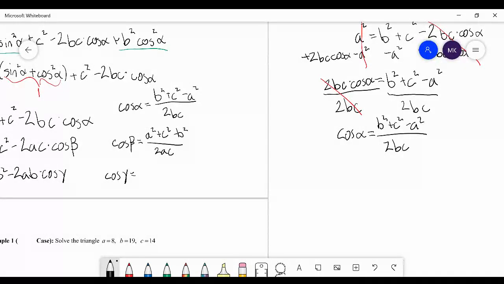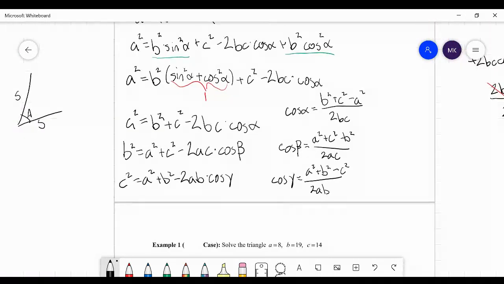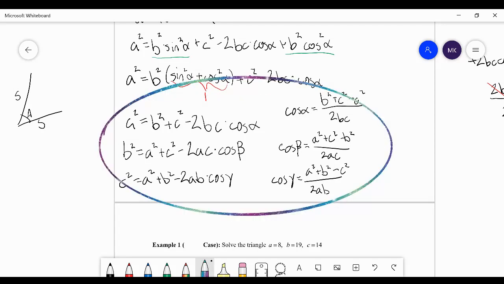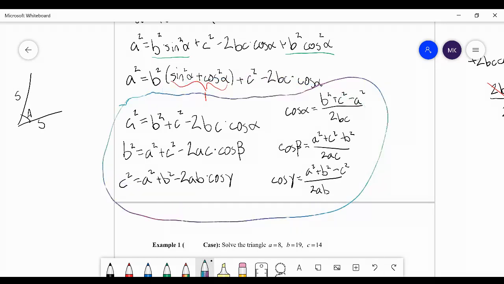And cosine of gamma, a squared plus b squared minus c squared all over 2ab. So these are kind of the 6 useful versions of the laws of cosine that we're going to be applying throughout the lesson today and things that you should have.